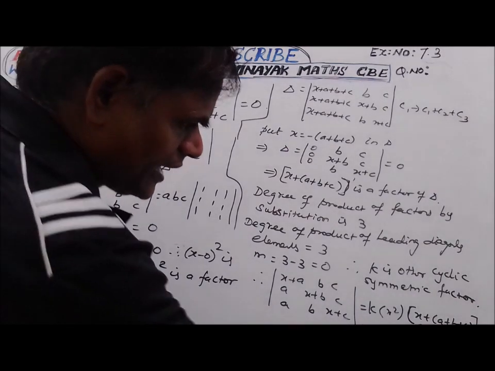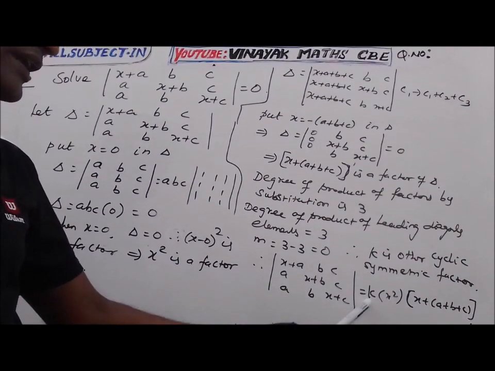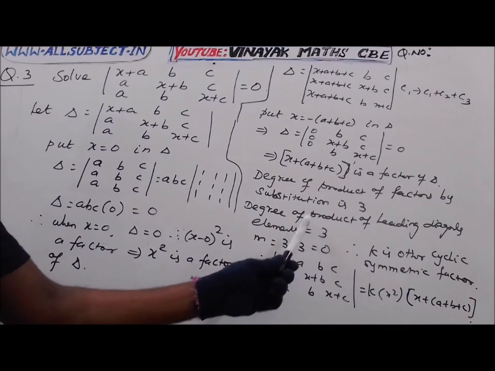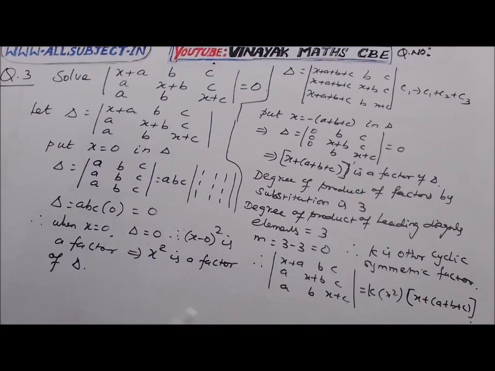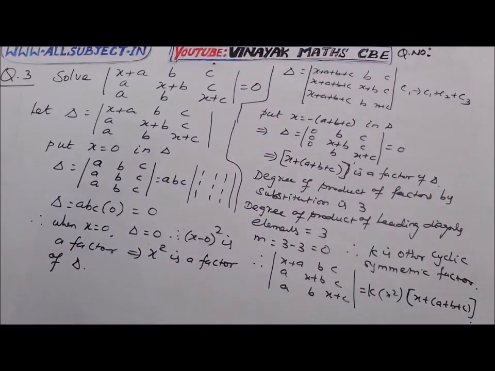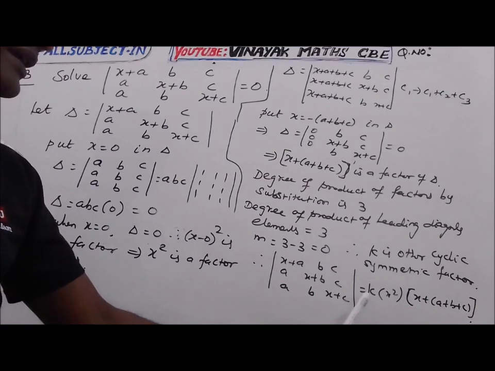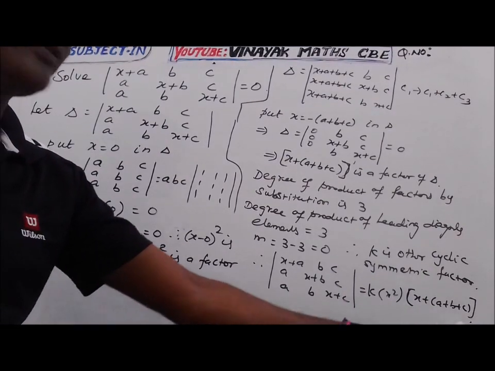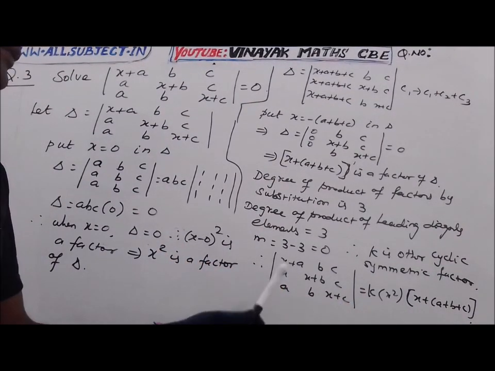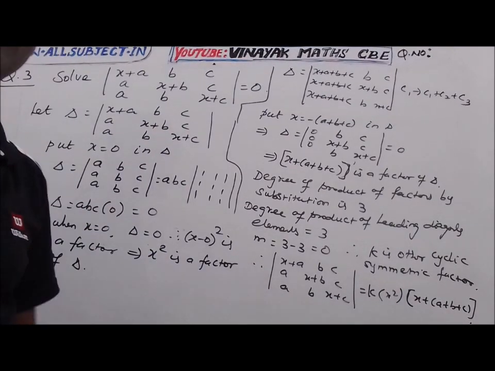There are three factors we have found: one is the cyclic symmetric factor k, and the other two, by substitution, are x square and x plus a plus b plus c. So writing all three factors in product, delta equals k into x square into x plus a plus b plus c.